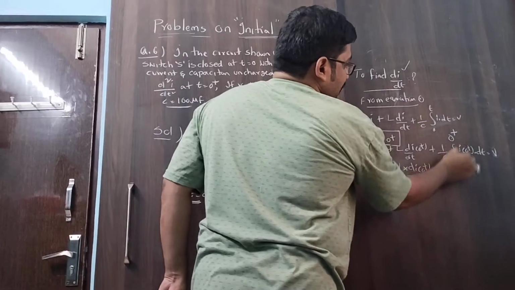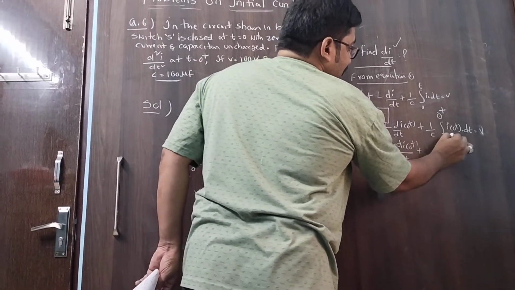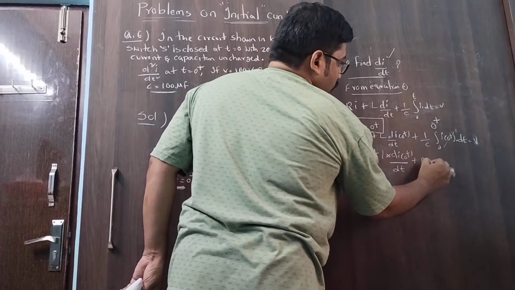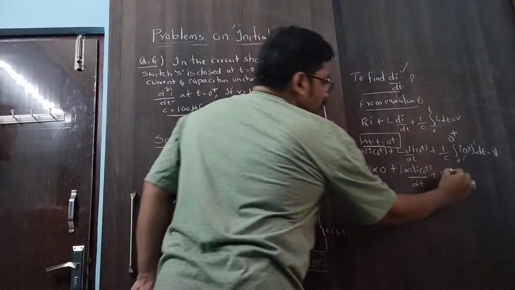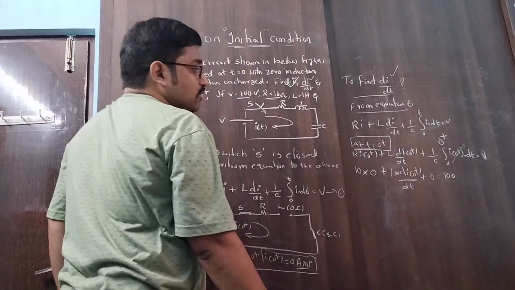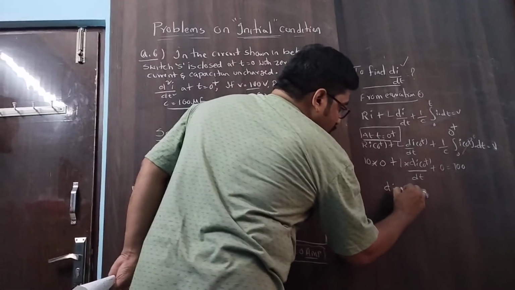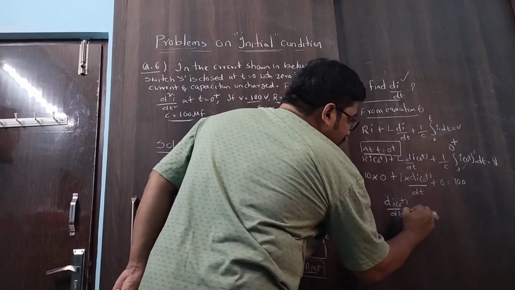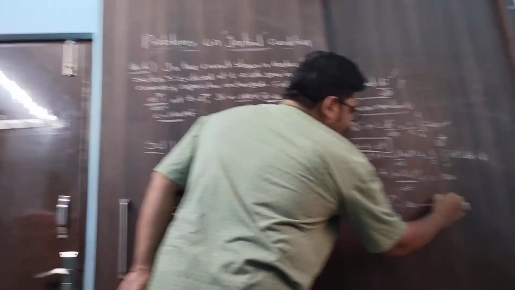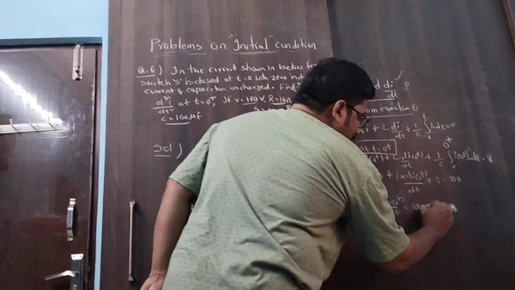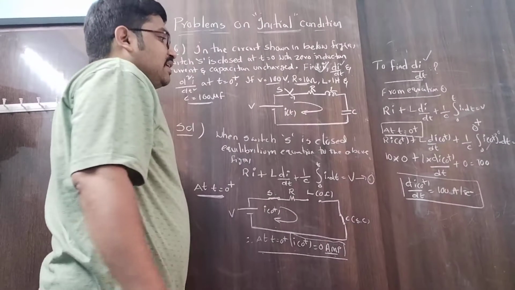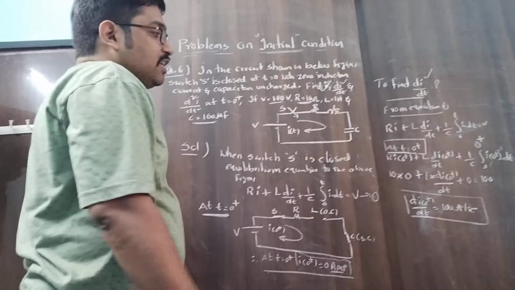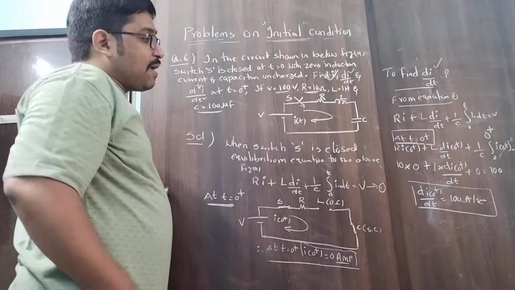If you substitute the limits 0 and 0 plus in the integration, that term is 0. The value of V is 100 volts. Now di of 0 plus divided by dt is equal to 100. This is how you calculate di/dt at 0 plus: 100 ampere per second.